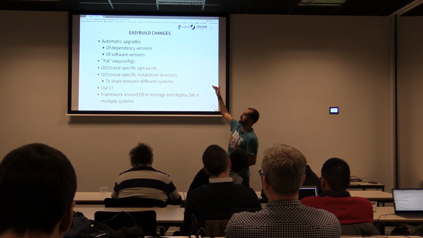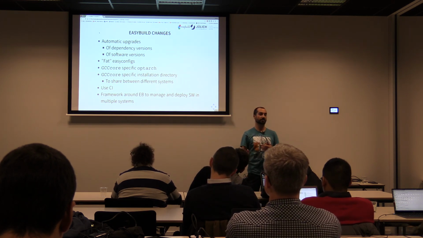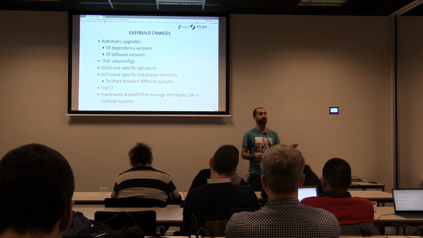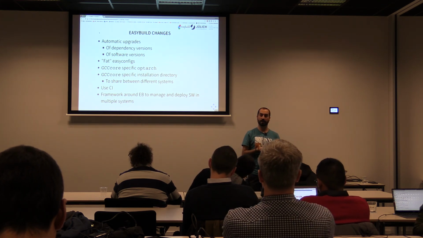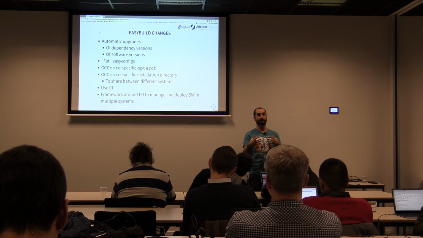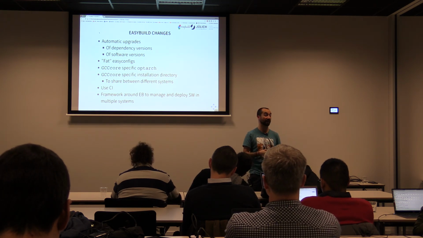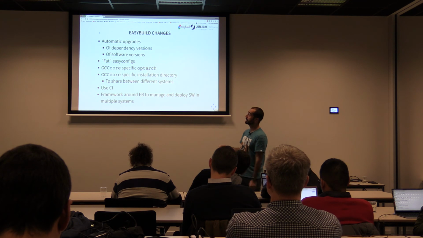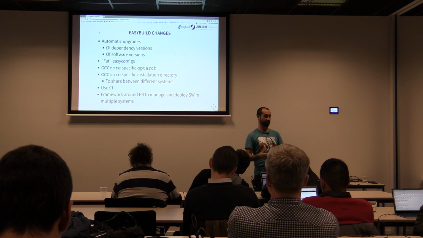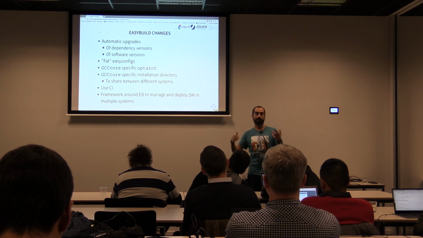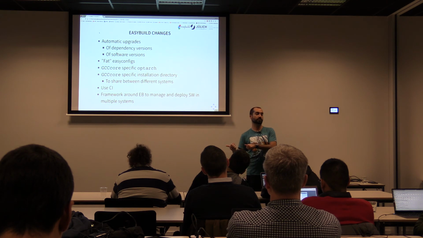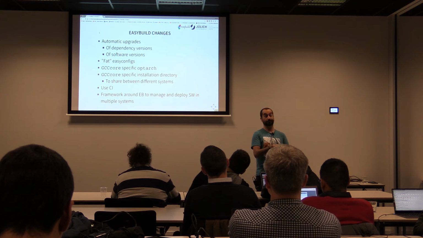Also, automatic upgrades of dependency versions, and that's related to a point that popped out in the survey, that people want the check for versions on dependencies to be a bit more flexible. That's something I would like to do as well. So you have, I don't know, CMake 2.9.3 installed, and the EC config you want to install has 2.9.2.